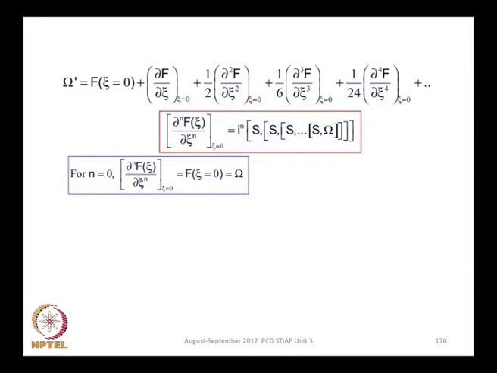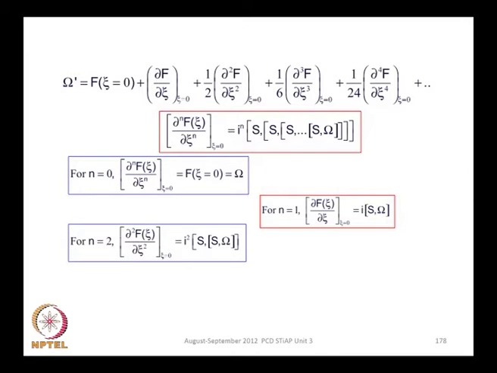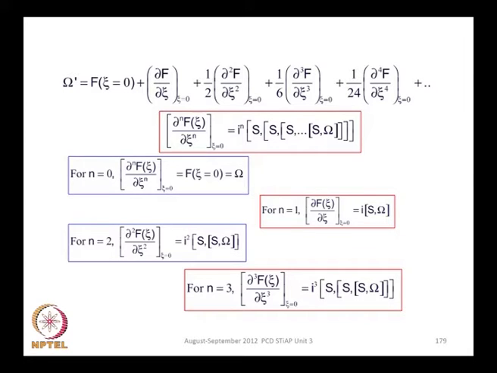So this is the term for n equal to 0. Then for n equal to 1 you get i times s comma omega, then you get i squared and then this commutator, and that is how you get subsequent terms. You will have an infinite series actually.